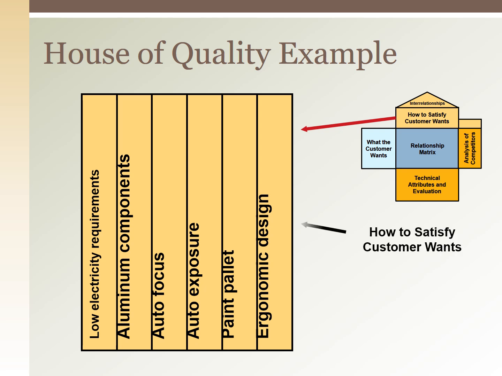And then we have to put in the material parts: the low electricity requirements, aluminum components. It should have an autofocus, auto exposure, should have a paint palette for color, and an ergonomic design. That's what the customer wants, and this is how we satisfy the customer's wants.